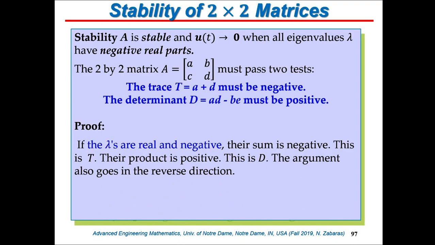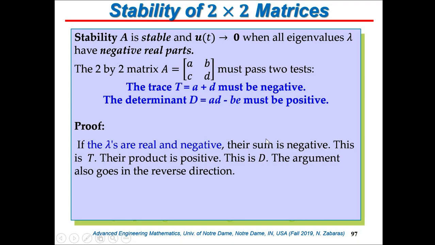If you take the case where the eigenvalues are real and negative, you can immediately show that their sum is going to be negative. And you remember the sum of the eigenvalues is the same as the trace. So this first statement is taken care of.